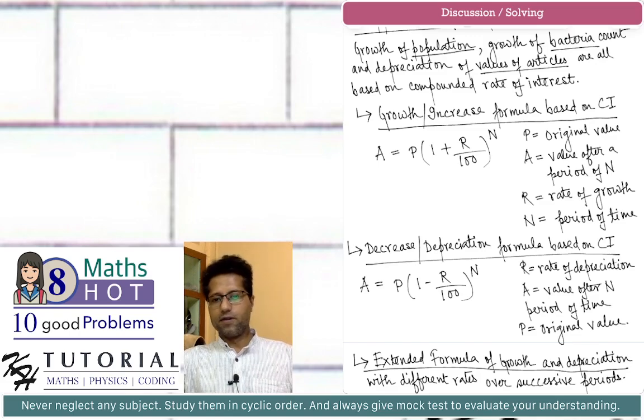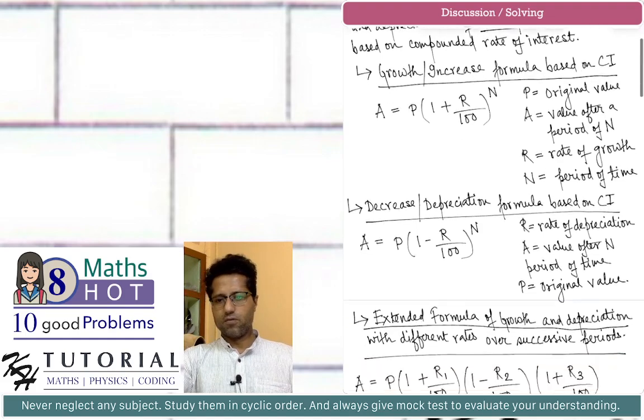So these are the two fundamental formulas that will be used to solve real life problems based on population, bacteria count, or cost of values, which are based on compound interest.